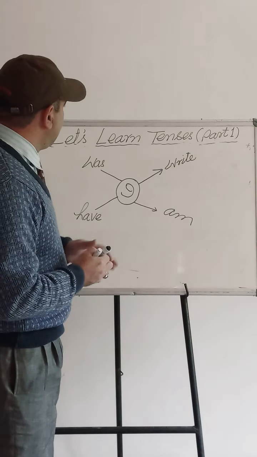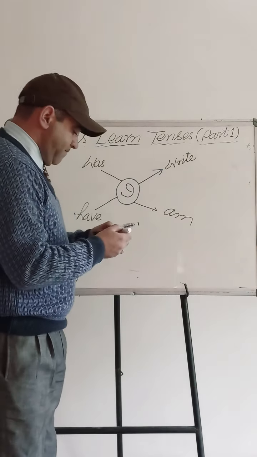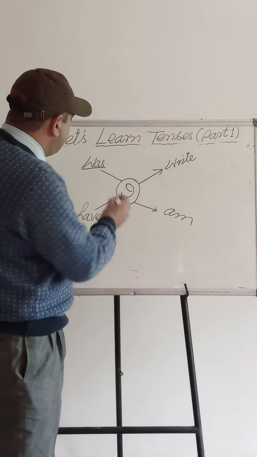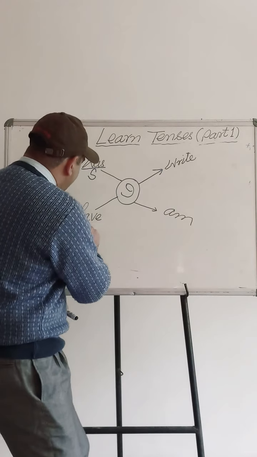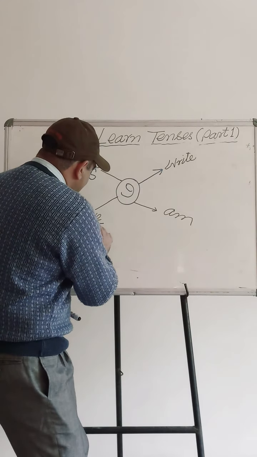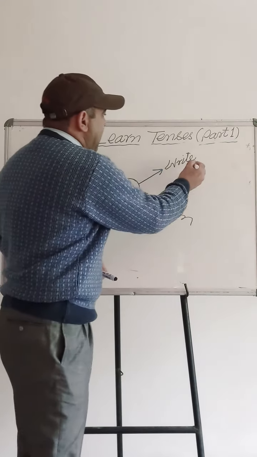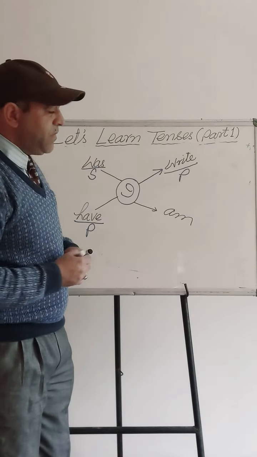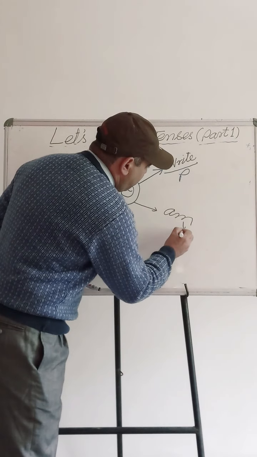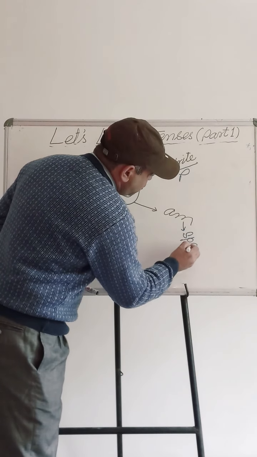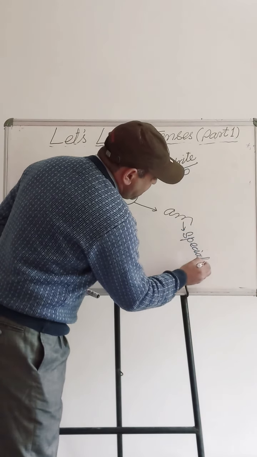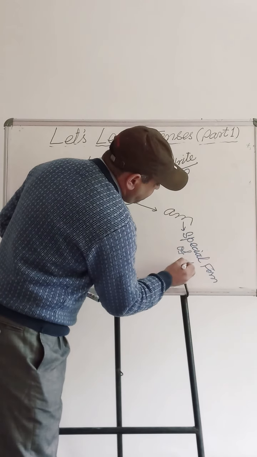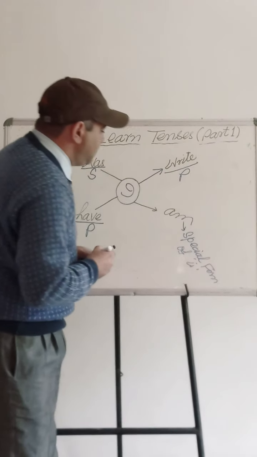Let's look at these verbs. Was ends with s, so it is singular. Have doesn't end with s, so it is plural. Write doesn't end with s, so it is also plural. And am is a special form of is, and is singular.